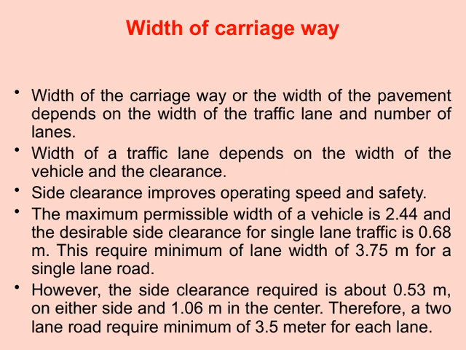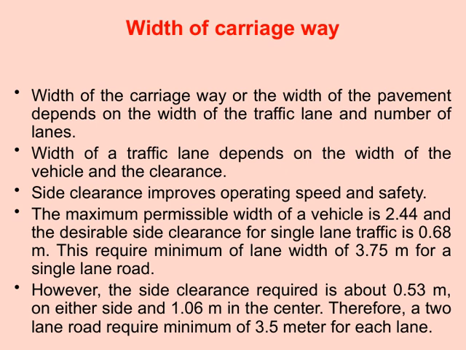This means we need a minimum lane width of about 3.75 meters for a single lane road to comfortably accommodate vehicles and ensure safety. When we look at the clearance on either side of the vehicle, about 0.53 meters is typically required for each side, and in the center, around 1.06 meters.